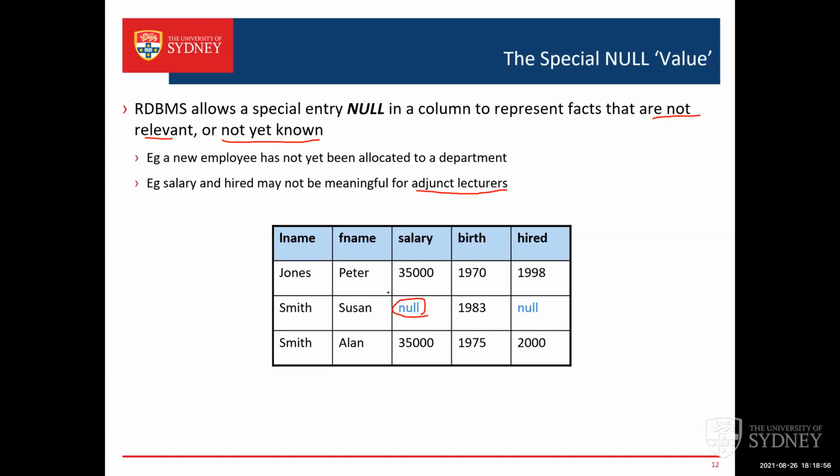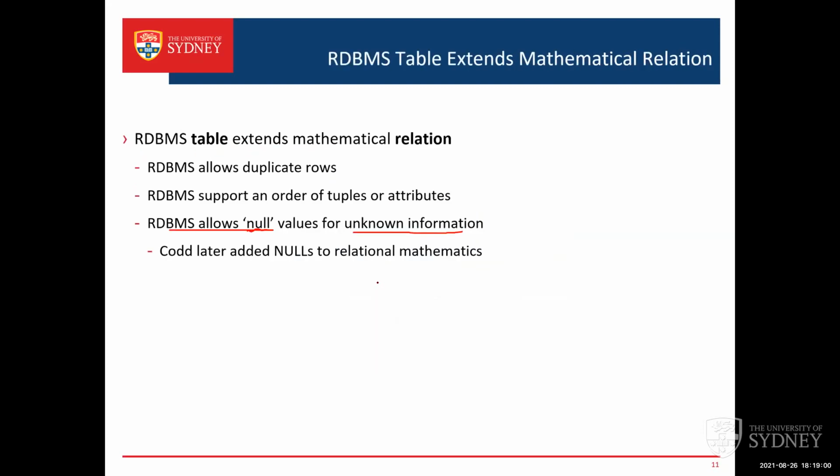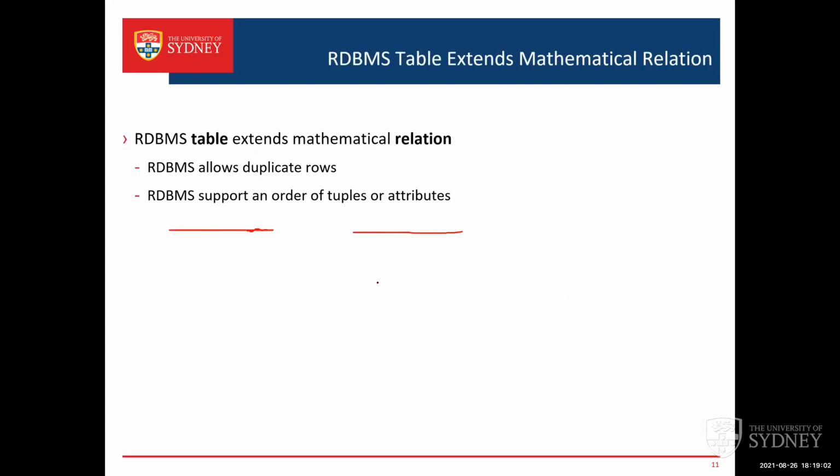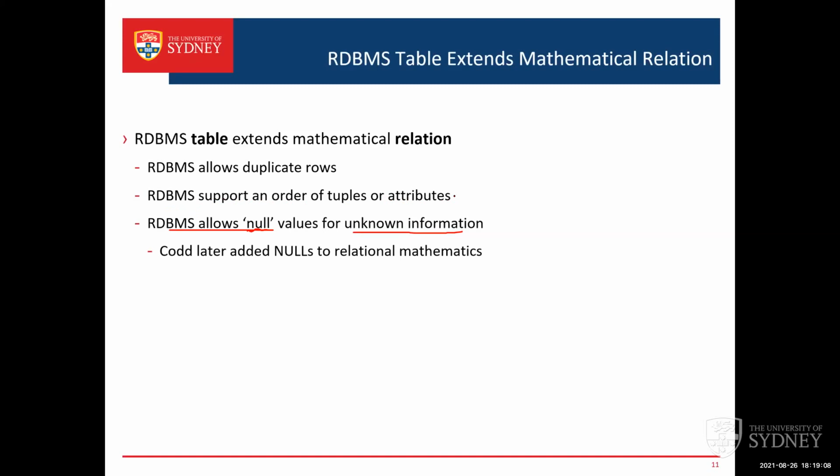Okay. Someone is asking, can we explain the second point, support and order? Yep. So support and order simply means here the order in which we will enter the attributes, that order will be there. Okay. So let's say when we are creating the table and we write the attribute order as first student ID, then student name, then phone number, that order will be there in that system that we're going to use.